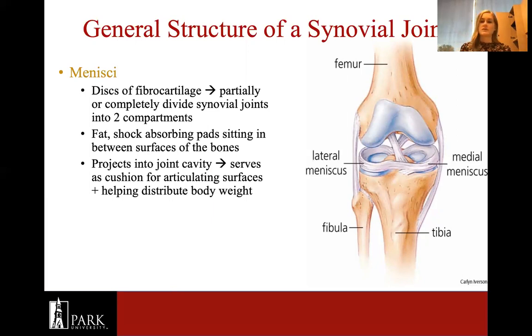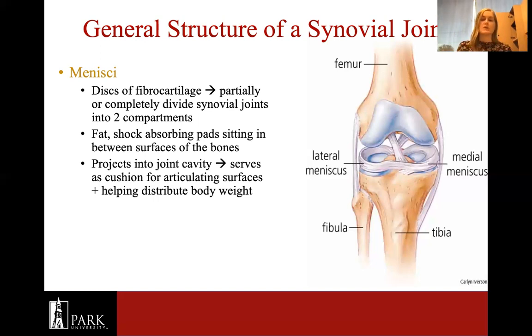The main role of these menisci is shock absorbing, and they sit on the articulating surfaces of those bones. So our menisci sit on the very top of our tibia, and our femur will articulate with the top of our tibia when we are doing any type of leg flexion and extension.